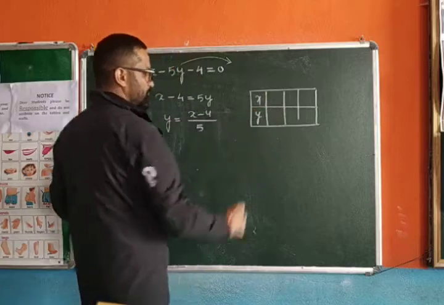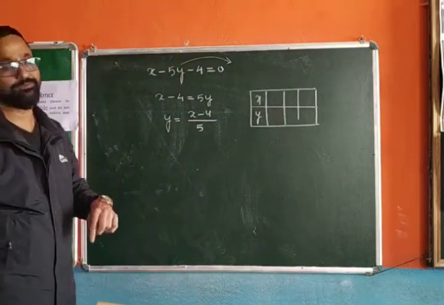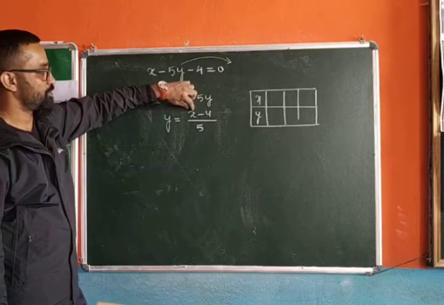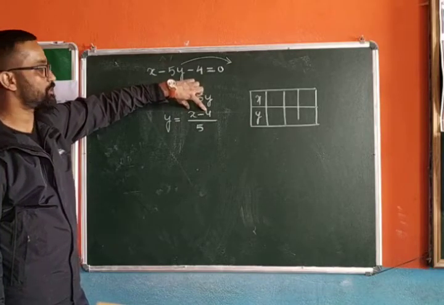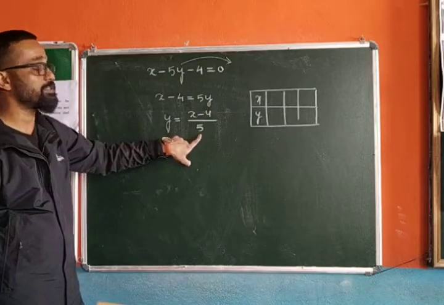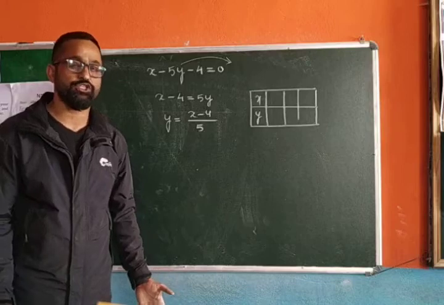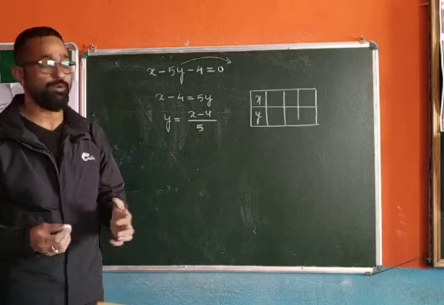x, y. Start assuming. Suppose I take x as 0. 0 minus 4 is minus 4. Minus 4 is not divisible by 5. So I cannot do the calculation. It has to be a whole number.